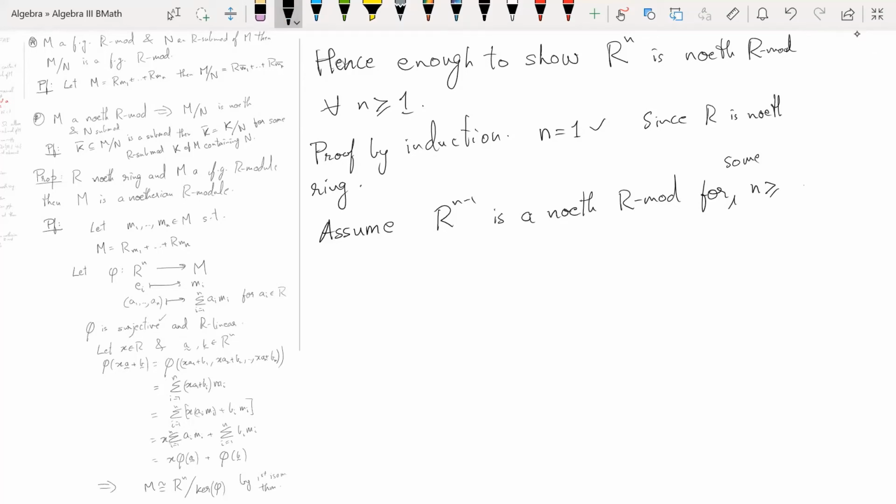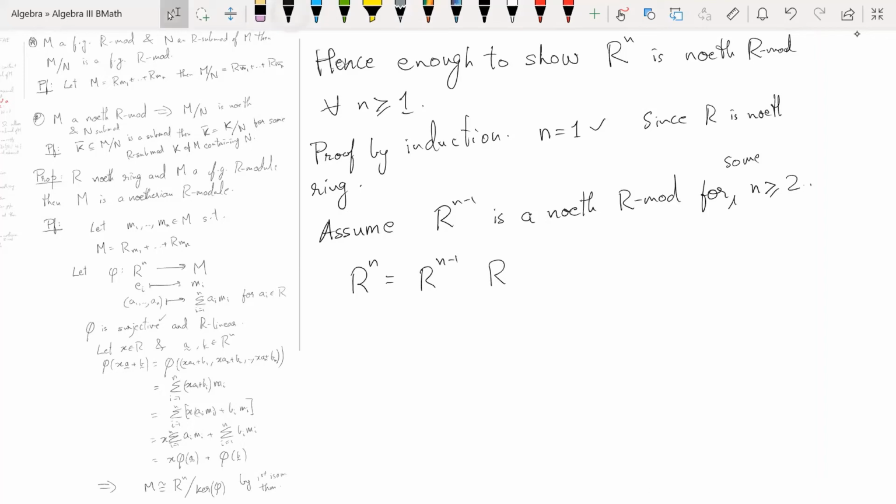Then we want to show that it is true for R^n as well. So what is R^n? R^n we can write as R^(n-1) cross R, or the direct sum of R^(n-1) and R.